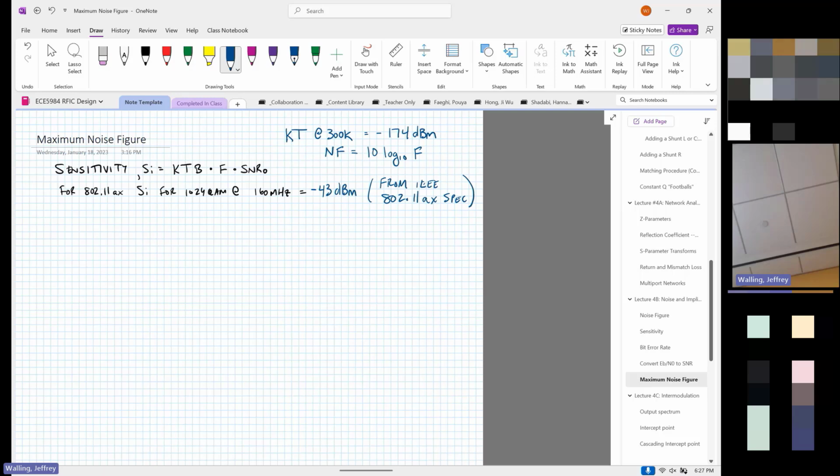It's meant for when I'm standing in a relatively stationary position and streaming 4K high definition video to my laptop. As I start to walk around, the channel is going to get worse. I'm going to have fading, Doppler shifts, all kinds of stuff, and so they're necessarily going to have to relax the information rate they can push to me.